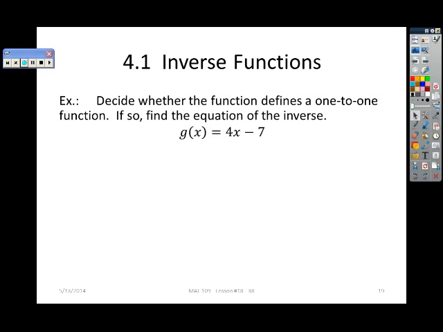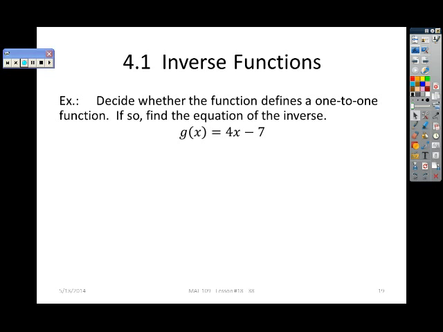Did you recognize that form? Y equals mx plus b. What does y equals mx plus b look like? Straight line. Anytime you have x only to the first power, when the only exponent on x is 1, it's going to be a straight line.